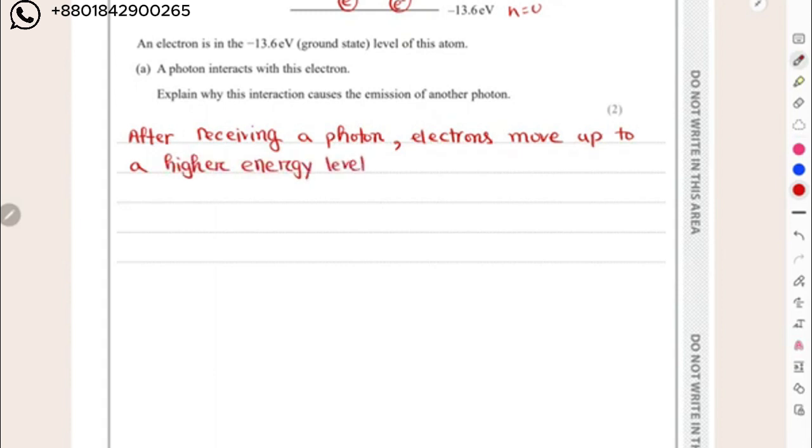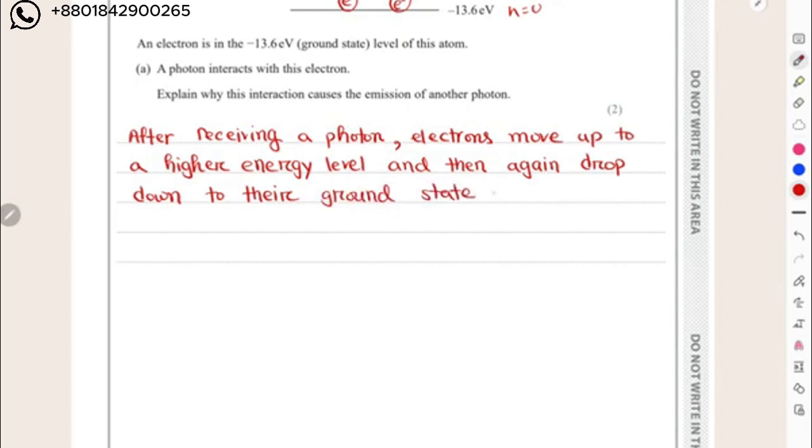After receiving a photon, electrons move up to a higher energy level, and then again drop down to their ground state, releasing another photon.